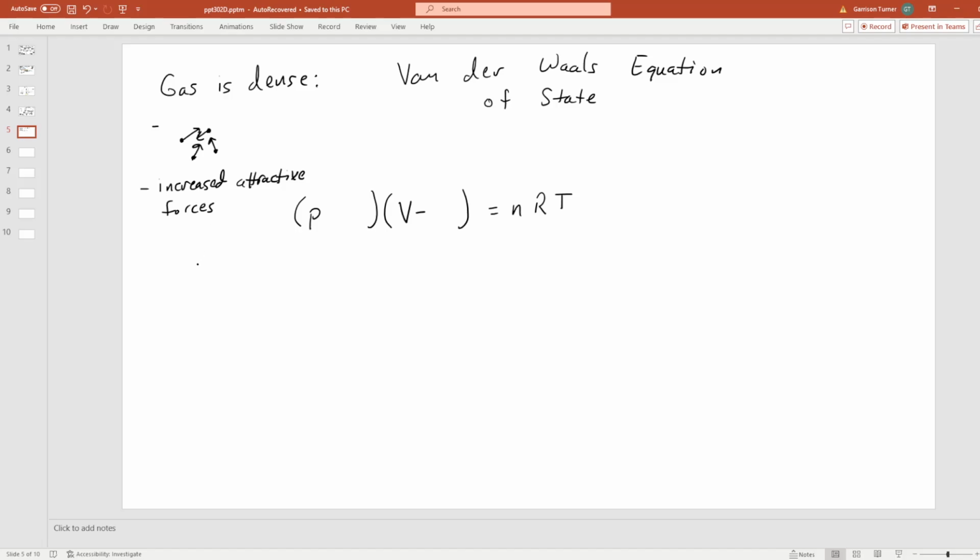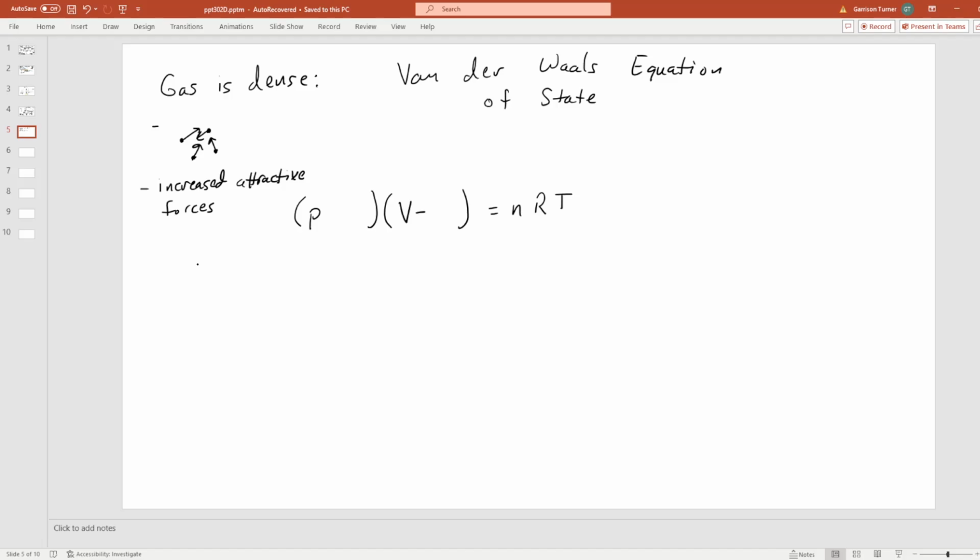Okay. So as your density increases, you're increasing the number of molecules in your volume, but you're decreasing the space between them, and that allows them to interact gravitationally and electromagnetically in ways that your ideal gas does not.